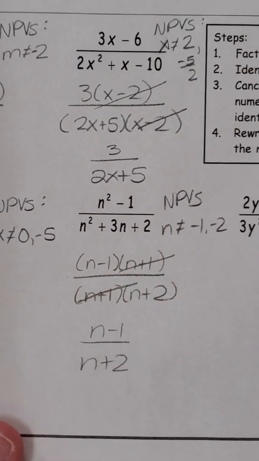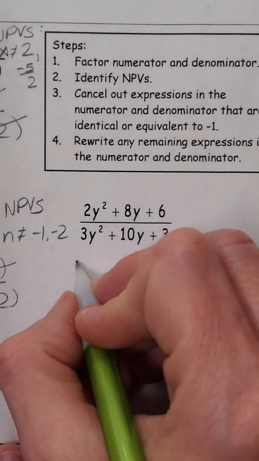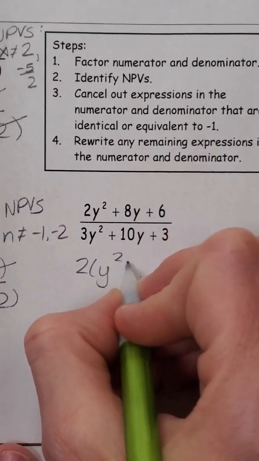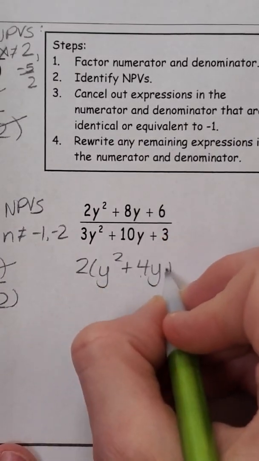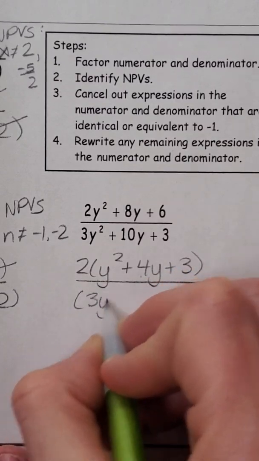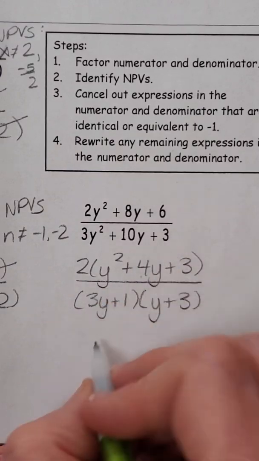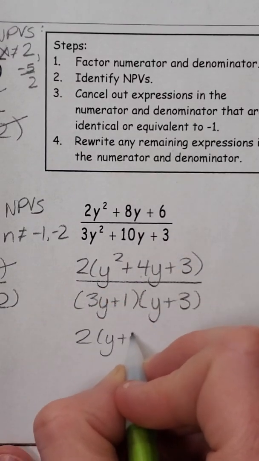And then the last one. And this is a difficult trinomial here. This one's going to take another step. You can do it in 1 step if you want. I just did it in 2.